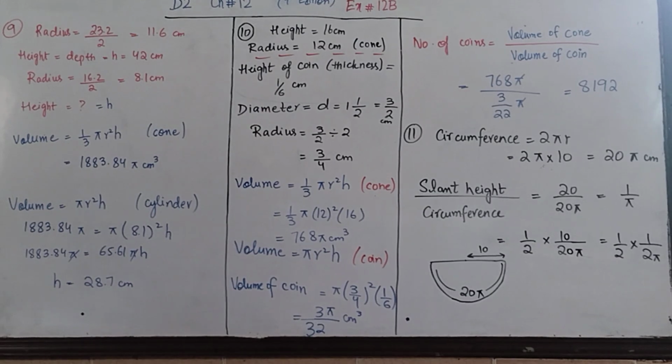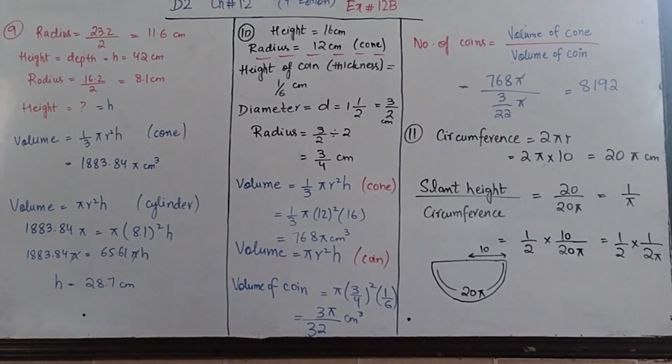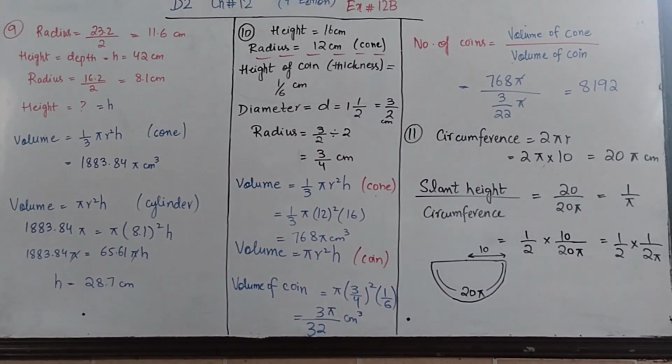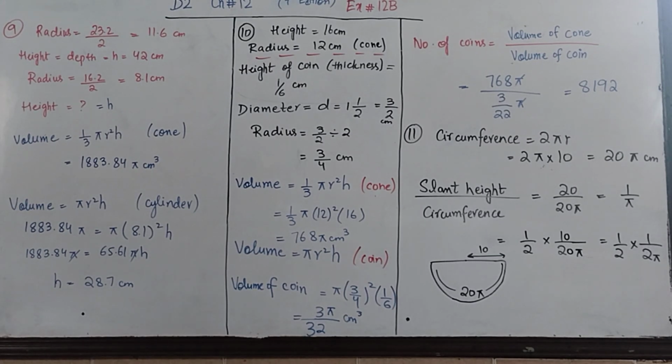So here in question number 9, you can see, first of all, I have found the radius using the diameter. Diameter is 23.2. I have divided by 2, so I get the radius. Depth is equal to height, so it is equal to 42 centimeter.